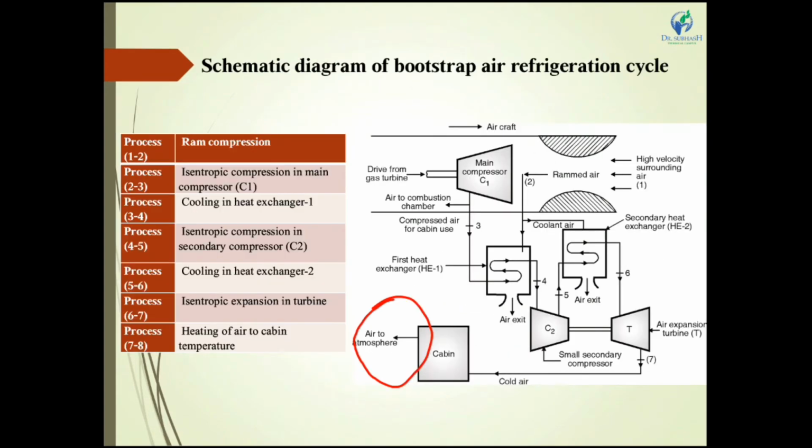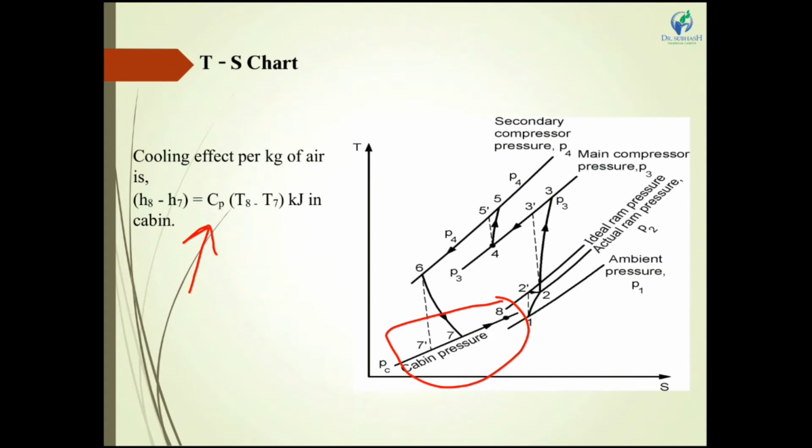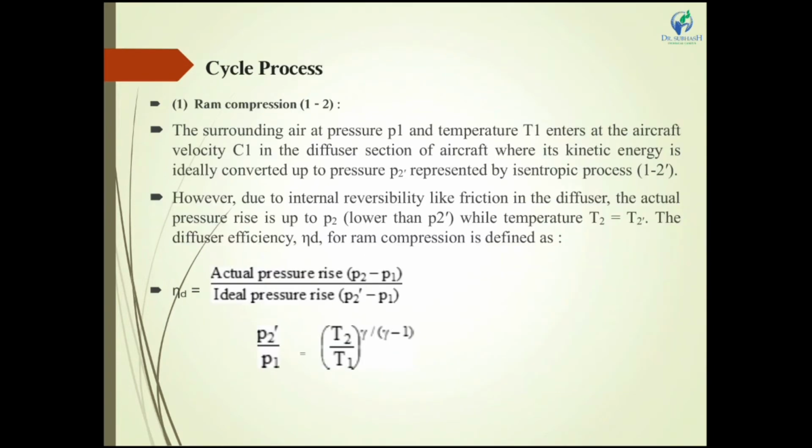You have to show this in the diagram. The actual pressure is 2 and the ideal pressure is 2 dash. We write the efficiency for this ram compression process. The actual pressure rise is the pressure difference P2 minus P1, and the ideal pressure rise is the pressure difference P2 dash minus P1.